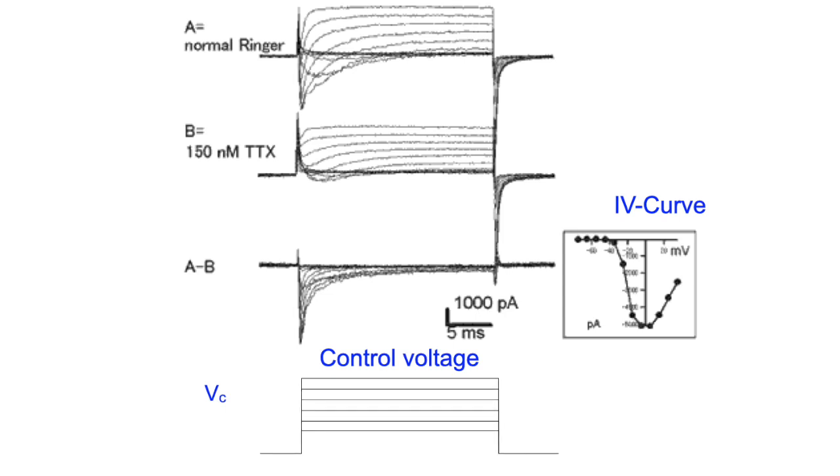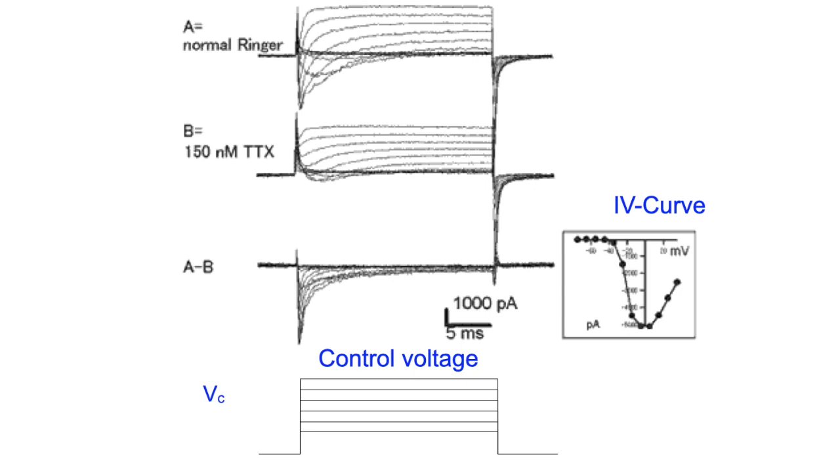In a normal solution where we see these time traces, if you look very carefully, you can see that the response at the rapid upstroke of the control voltage is a rapid downstroke, which means an inward flowing current in that top tracing. So the top tracing is the current that was measured from this axon. And you can see that with different control voltages, the current has slightly different shapes. And again, you can pull this apart and analyze it.